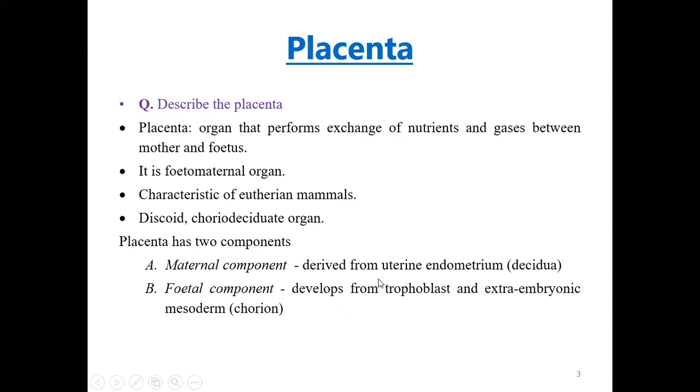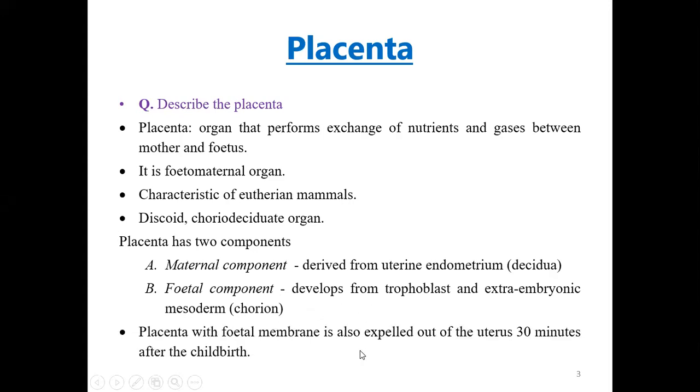The maternal component is derived from uterine endometrium, so it is known as decidua, and the fetal component develops from the trophoblast and extra embryonic mesoderm, so it forms the chorion. The placenta with fetal membrane is also expelled out of the uterus 30 minutes after the childbirth. So that is why it is a choriodeciduate organ, because the fetal membrane as well as the maternal component both are being expelled out.